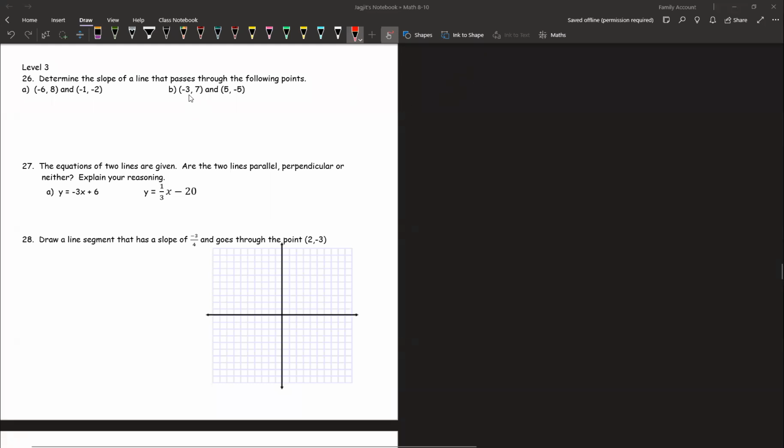Next up, they've given us the points minus 3, 7 and 5, minus 5. Let's call these x1 and y1, and these x2 and y2. Our slope will be y2 minus y1 over x2 minus x1. So that would be minus 5 minus 7 divided by 5 minus minus 3.